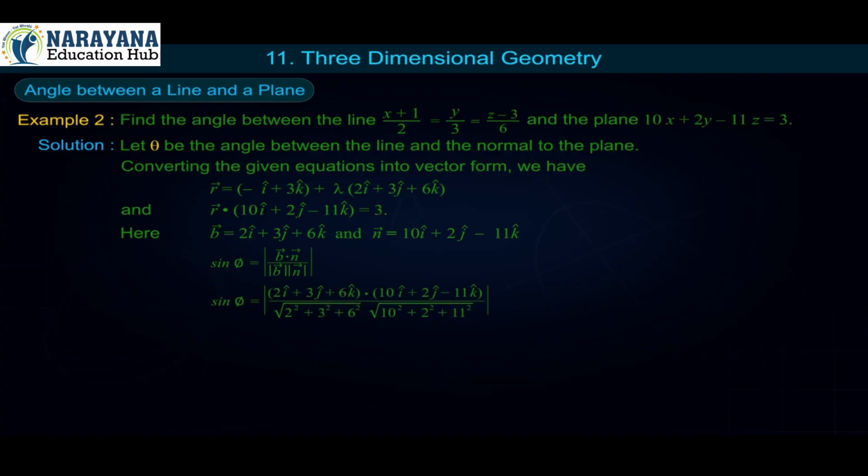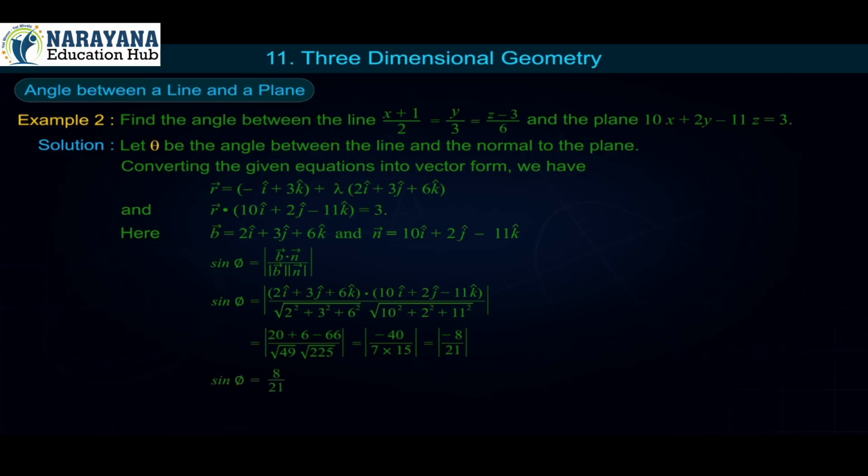Sin φ = modulus of (2 i cap + 3 j cap + 6 k cap) · (10 i cap + 2 j cap − 11 k cap) upon square root of 2² + 3² + 6² into square root of 10² + 2² + 11², which is modulus of 20 + 6 − 66 upon square root of 49 into square root of 225, which is modulus of −40 upon 7 into 15, which is modulus of −8 upon 21.